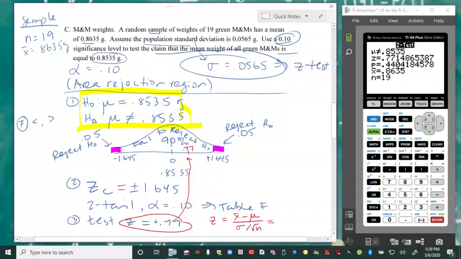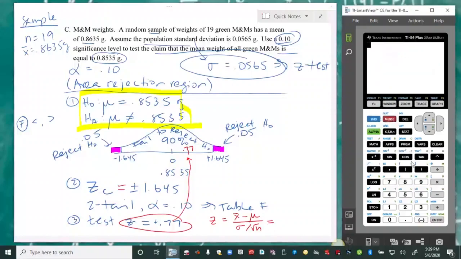So to calculate that by hand, I go parentheses, my sample mean was 0.8635, minus my population mean 0.8535, divided by parentheses 0.0565, divided by the square root of my sample size, which was 19. So that averaged standard deviation. And we end up with that same value, a positive 0.77.